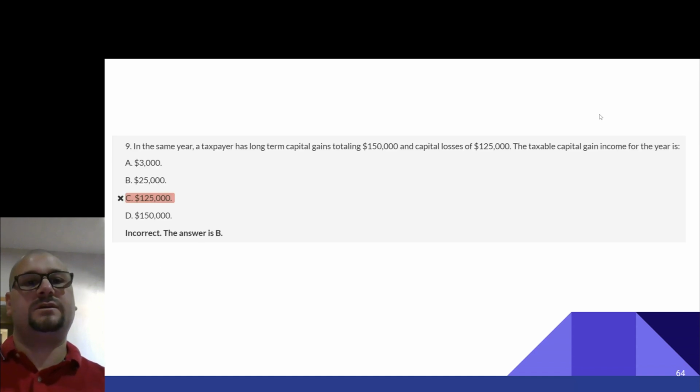All right, in the same year, a taxpayer has long-term capital gains totaling $150,000 and capital losses of $125,000. The taxable capital gain income for the year is 25,000. So how do you do it? To calculate the taxable capital gain, it's just your capital gain minus the capital loss. 150,000 minus 125,000 is 25,000.